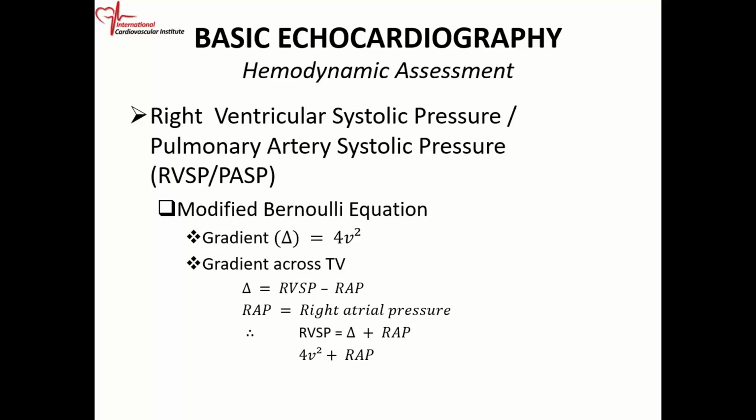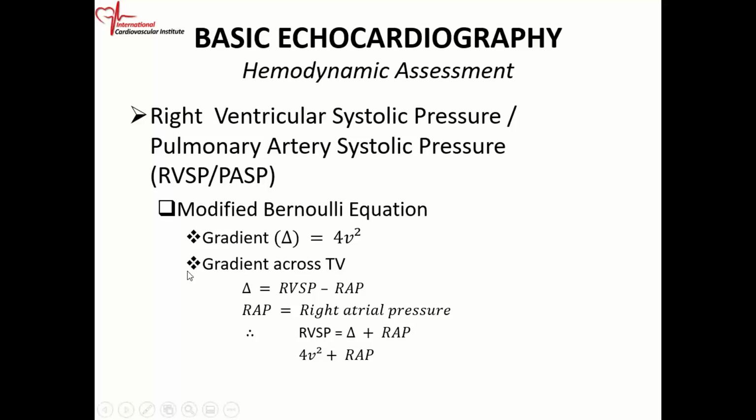As we just said, in order for fluid to flow from one direction to the next, you need a pressure difference. So if blood is going to flow from the RV across the tricuspid valve into the right atrium, the pressure in the RV has to exceed that in the RA. So the gradient, which is the RV pressure minus the RA pressure, is equal to 4v squared, the velocity of the blood going backwards squared.